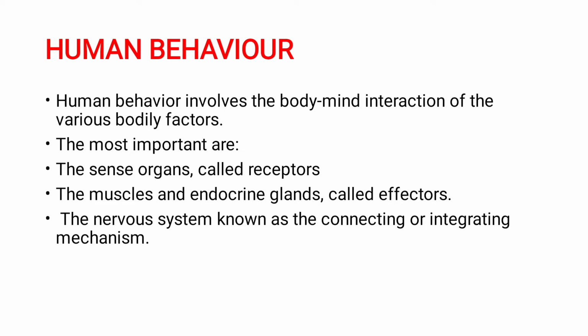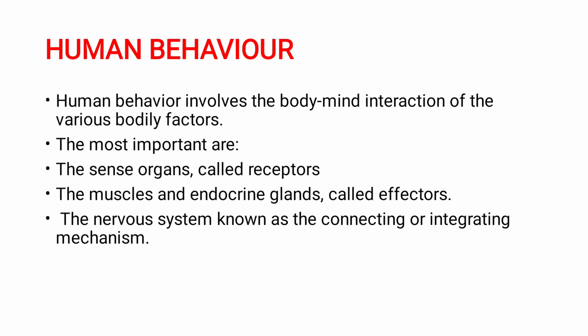So immediately your muscles should be strong enough to run away from that situation and immediately your endocrine glands will be secreting epinephrine, norepinephrine and so on. So the fight or flight reaction will take place. The muscles and endocrine glands are called your effectors. So the nervous system will act as a connecting or integrating mechanism.